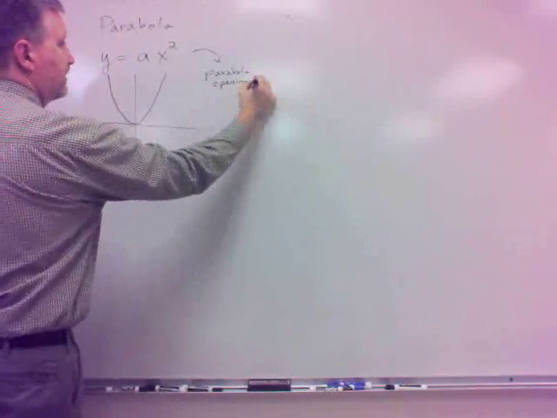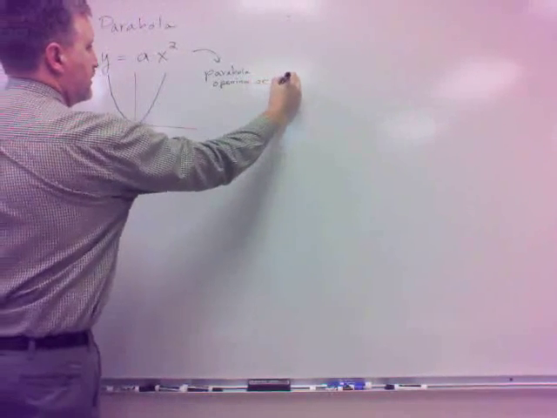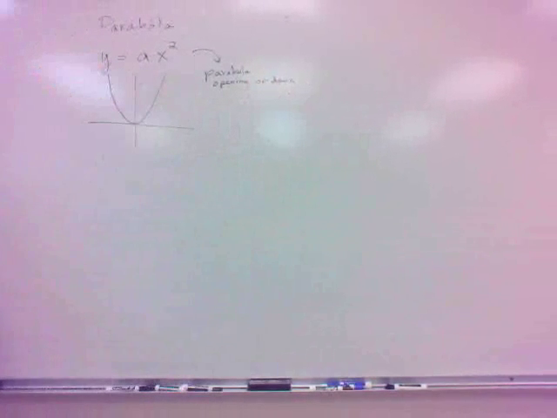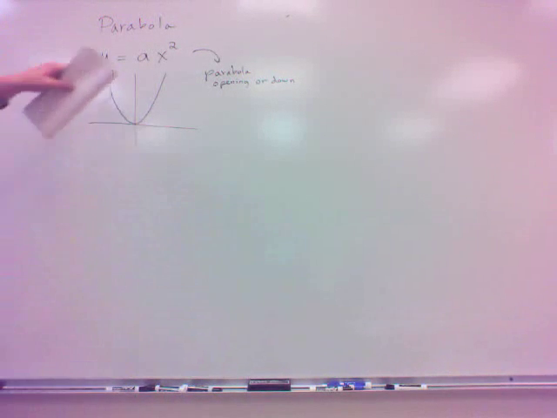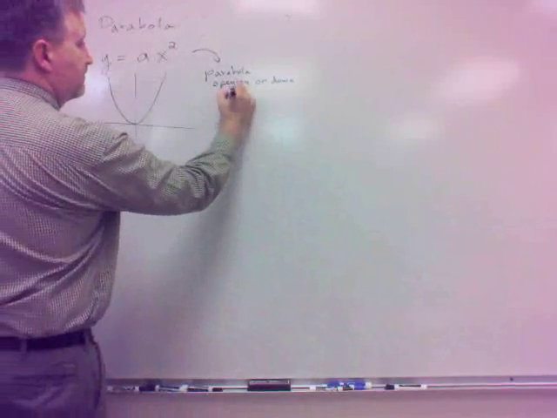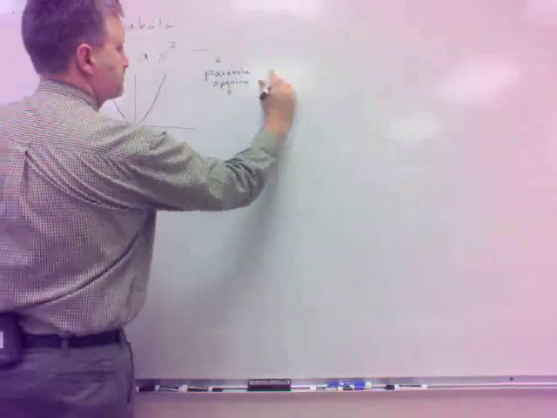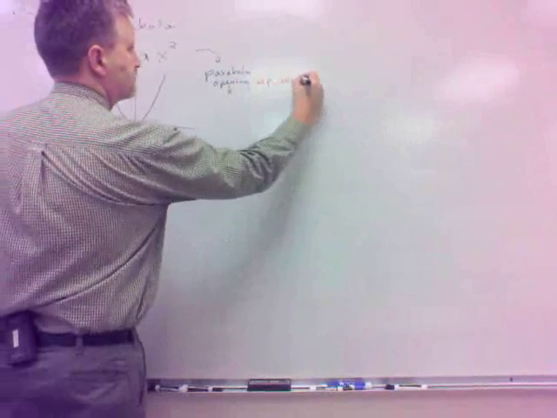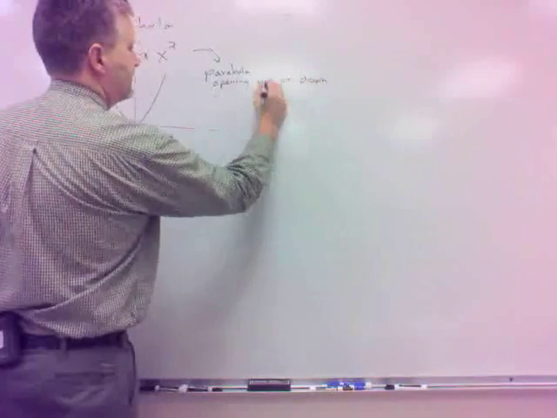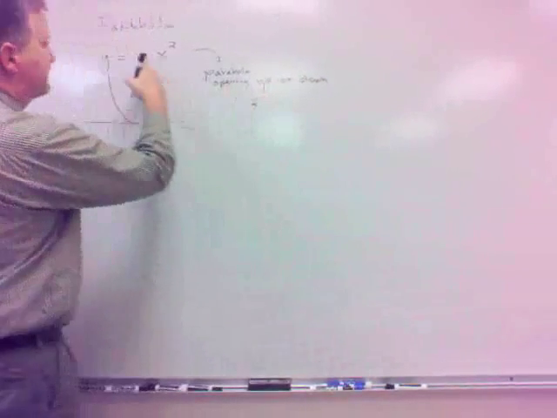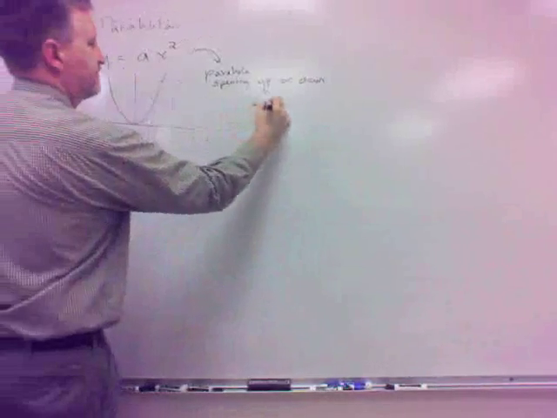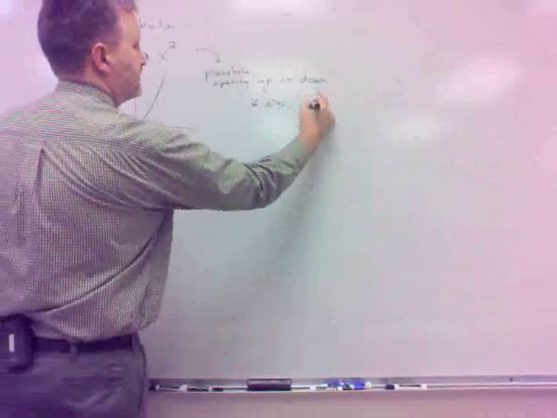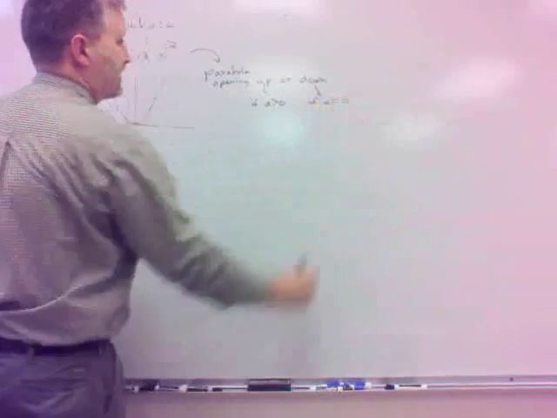Now, I drew it opening up, but how do I know if it opens up? Well, it's all about the a, right? It opens up if a is positive. If a is greater than 0, it opens down if a is less than 0.